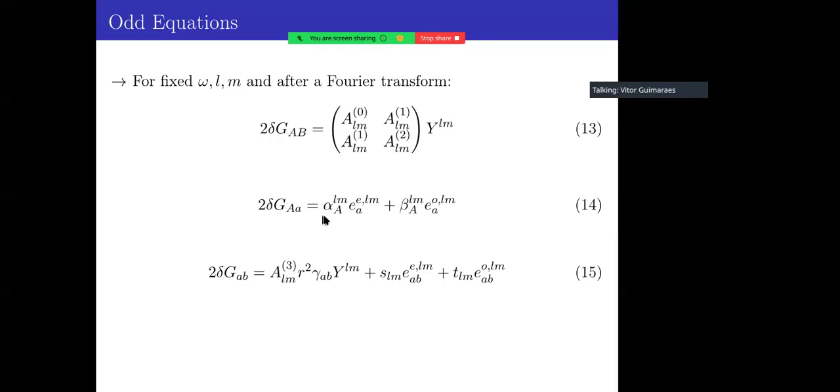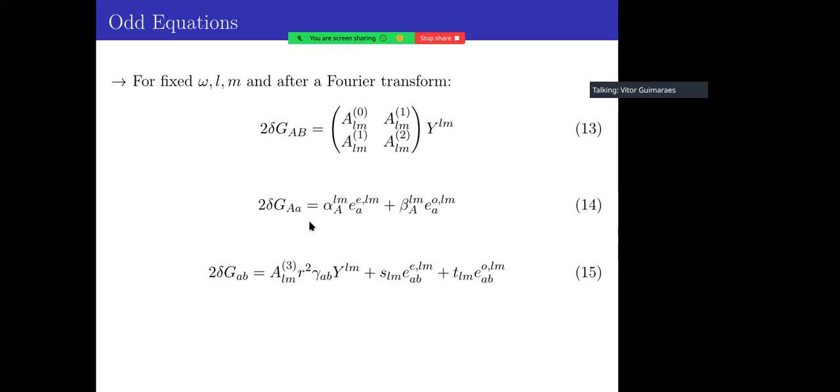Here we have this decomposition. This is a vector with respect to the two sphere. This index here is with respect to t and r, so it doesn't mean anything to the two sphere. The only index that matters for the two sphere is this one here.